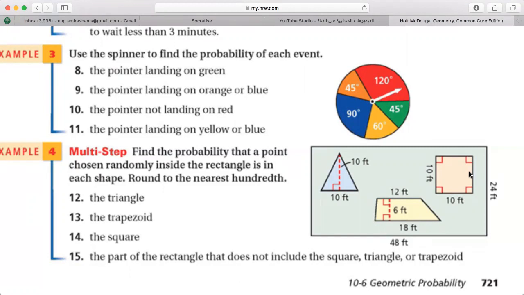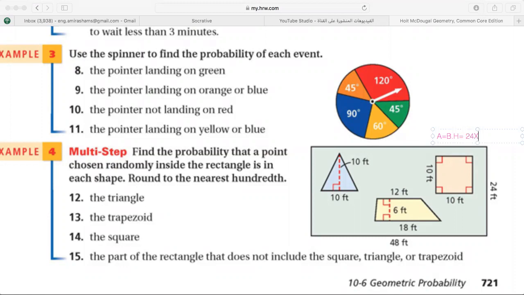So I have first to get the area of the rectangle. Area of the rectangle is equal to base multiplied by h, which is equal to 24 multiplied by 48.